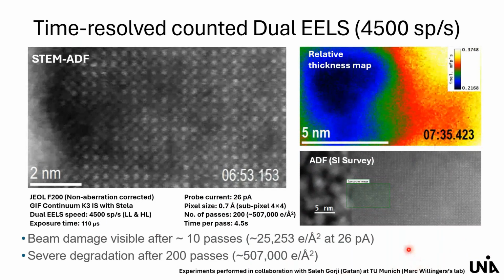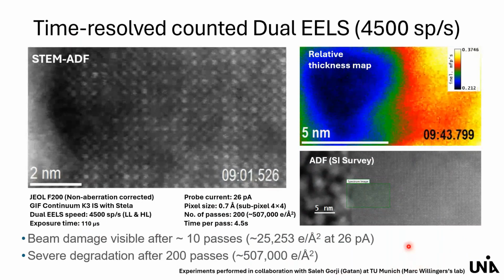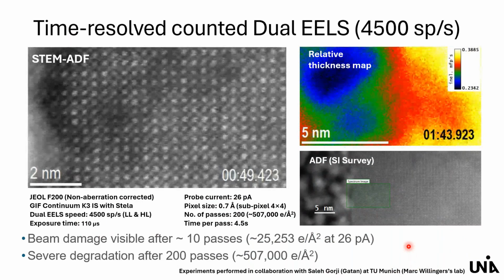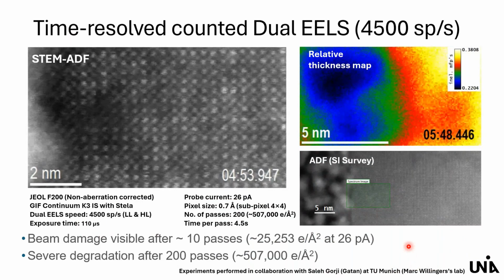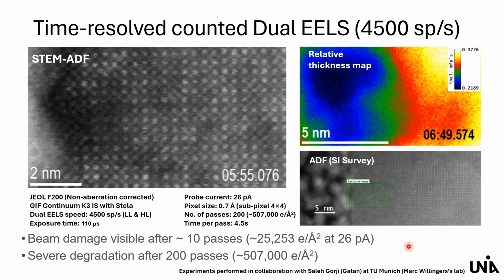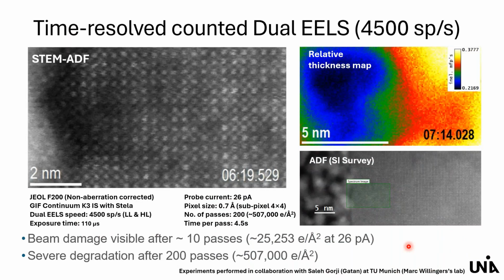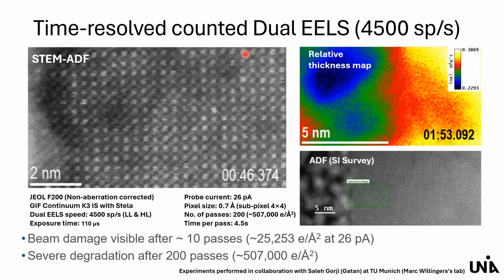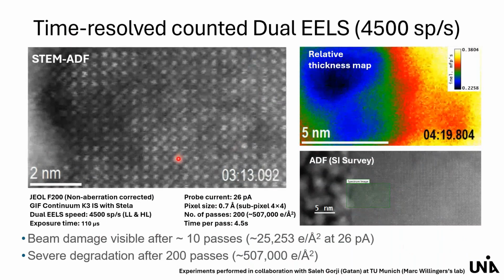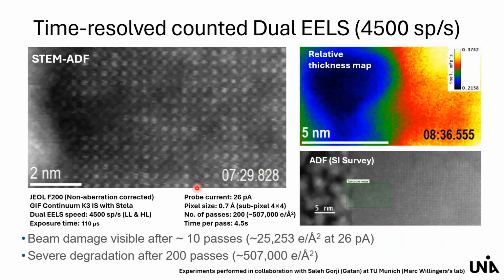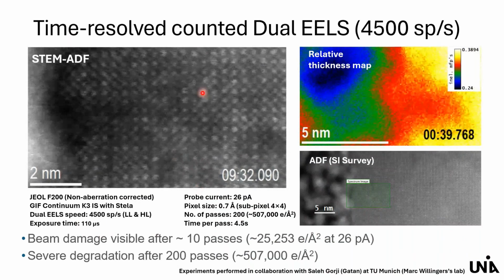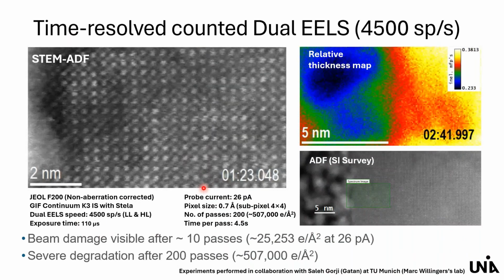This is actually a non-aberration corrected JEOL instrument, also an FT100 instrument, but no CS correction applied. And a Gatan Continuum GIF is attached to this. So each scan, each image here takes about 4.5 seconds to record. Remember, my measurement took something like 45 seconds. Here, every image is just 4.5 seconds.